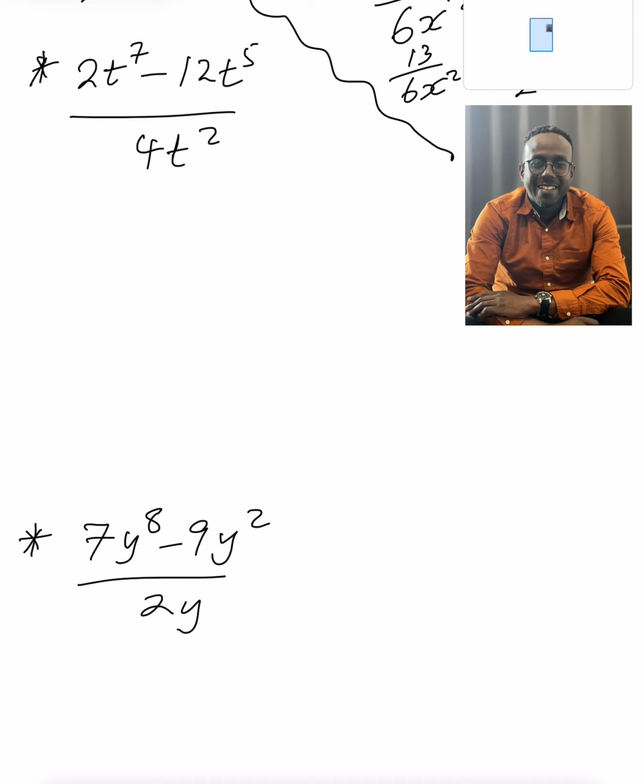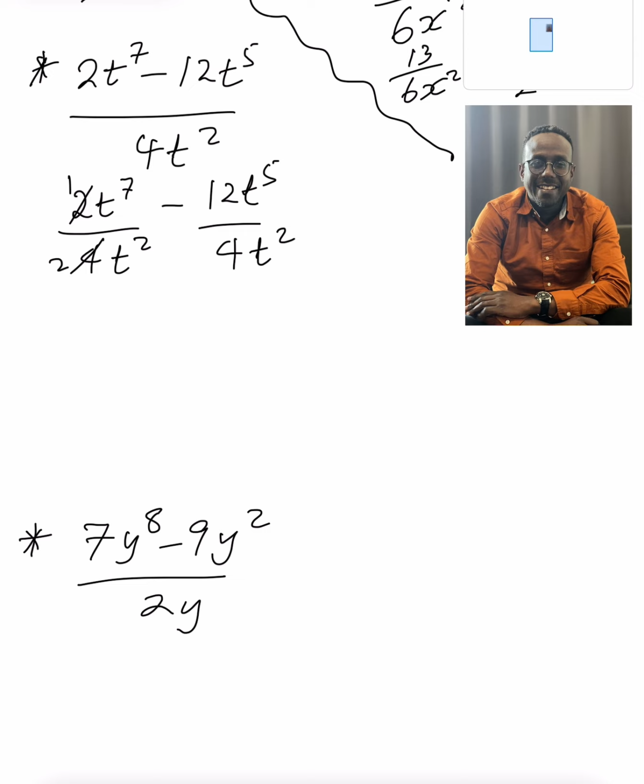I hope you've been able to try them out. As usual, I'll do it with you here. I'll split. This will be 2t to the power of 7 divided by 4t squared, subtract off 12t to the power of 5 divided by 4t squared. One thing we can do here: this remains 1, this remains 2, we can make it easier.